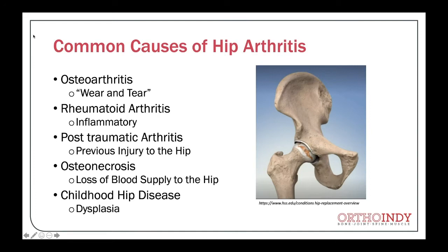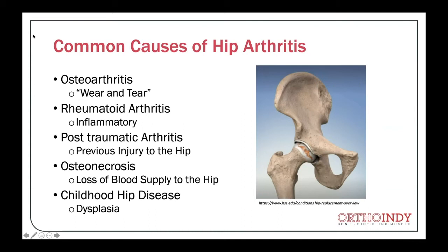There are a number of causes of hip arthritis, including the most common, called osteoarthritis, which refers to wear and tear. There's rheumatoid arthritis, which is also a common cause of hip arthritis. You can have post-traumatic arthritis if you've had a previous injury or you broke a bone in the hip.